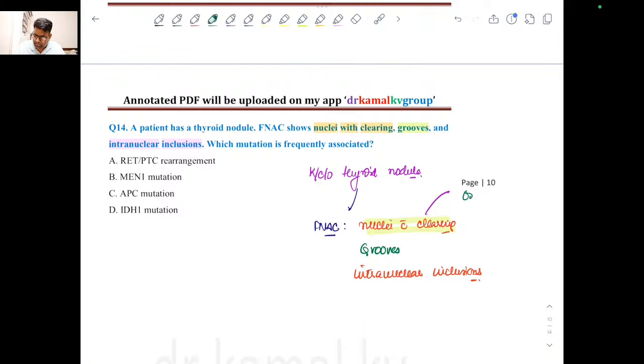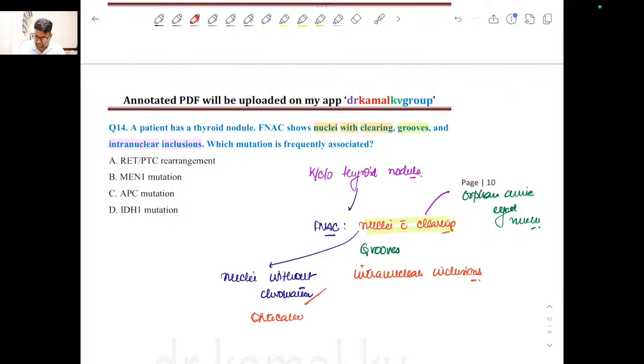So, out of the three, the classical word is nuclei with clearing, and yes, this is also known as orphan Annie nuclei. The nuclei do not have chromatin, or what you call optically clear nuclei. Clear? So, you will see a white nucleus. That is orphan Annie nuclei, that is classical for papillary thyroid carcinoma.